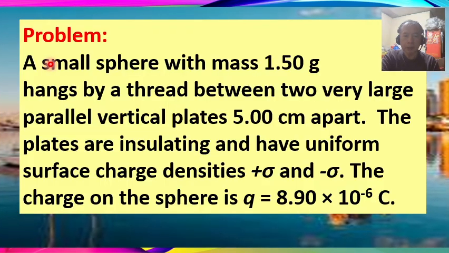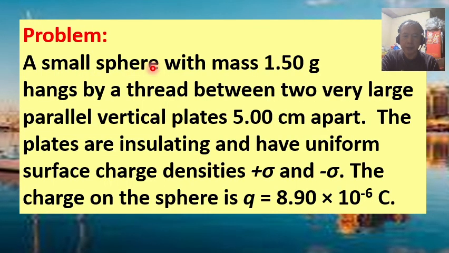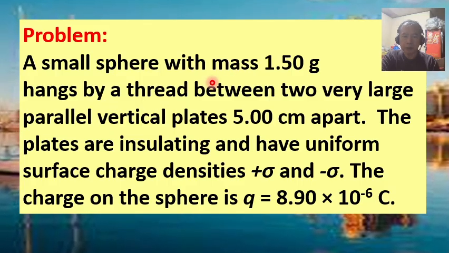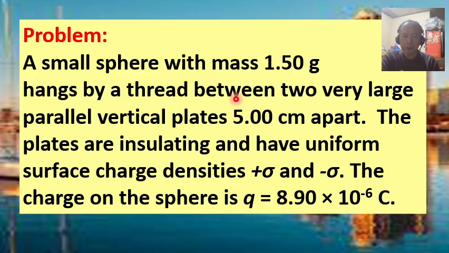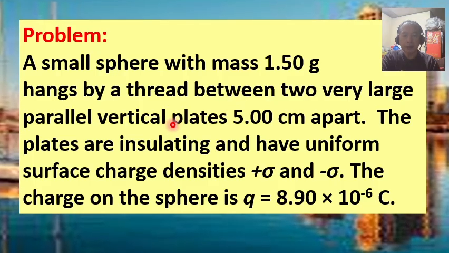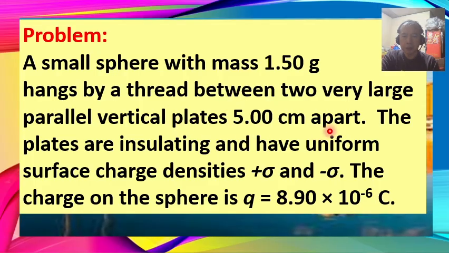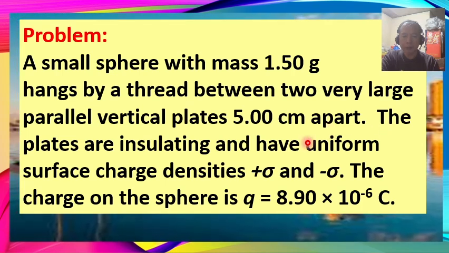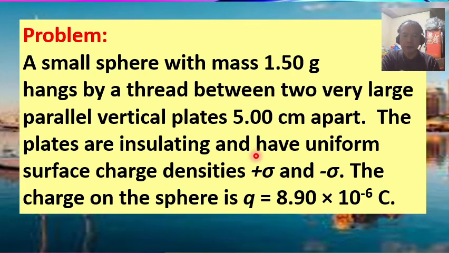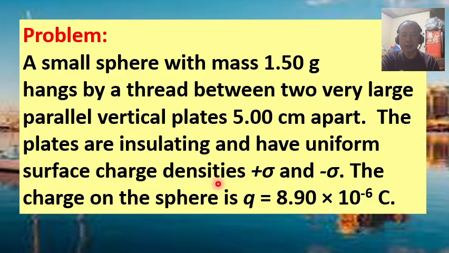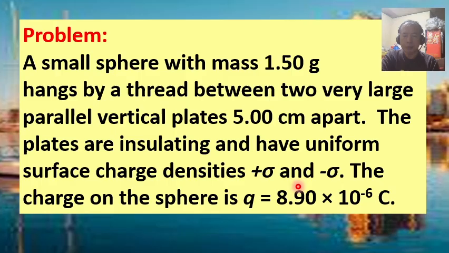The problem is a small sphere with mass 1.50 grams hangs by a thread between two very large parallel vertical plates 5.00 centimeters apart. The plates are insulating and have uniform surface charge densities positive sigma and negative sigma.